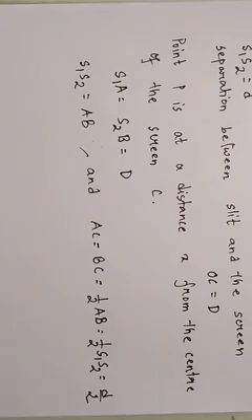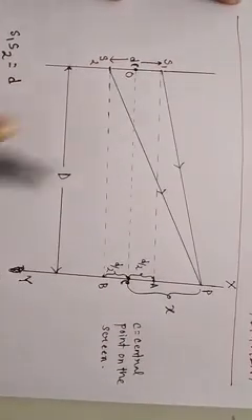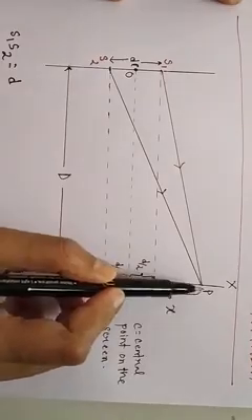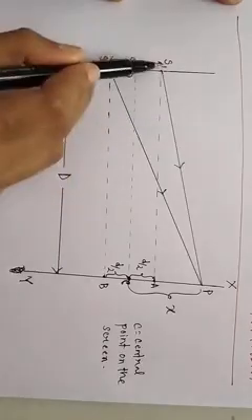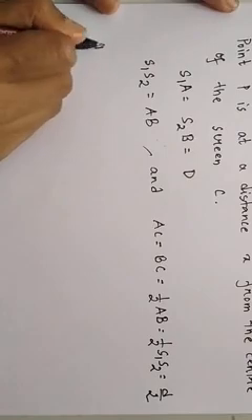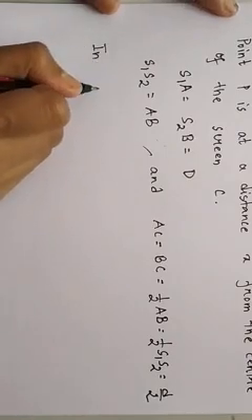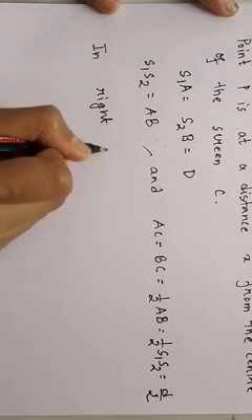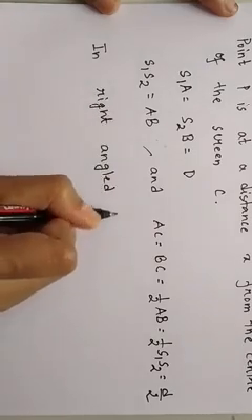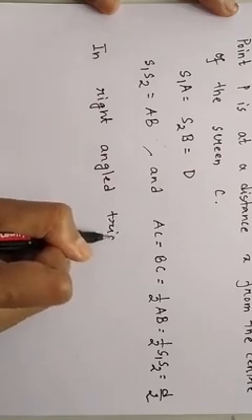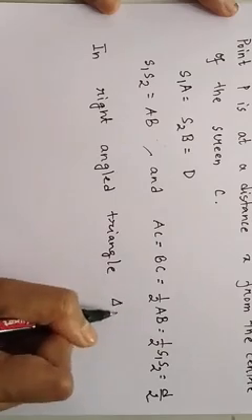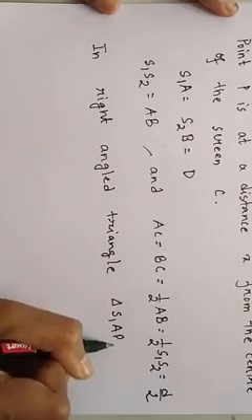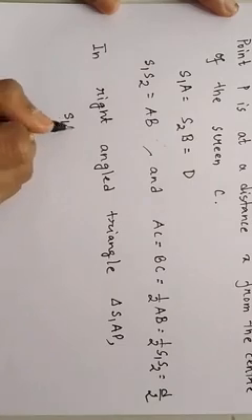For that, first let us look at this right angle triangle over here, S1AP. In the right angled triangle S1AP, S1P is the hypotenuse.